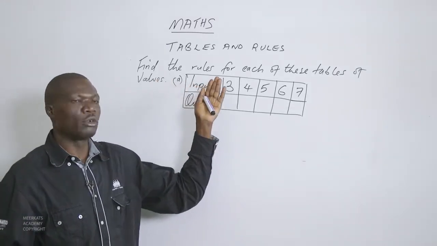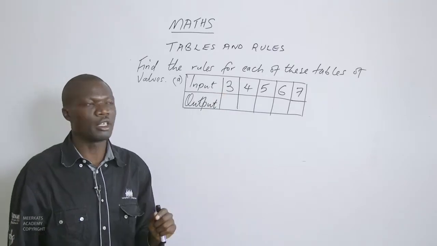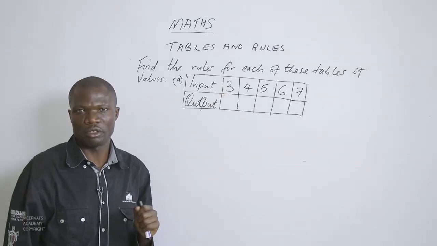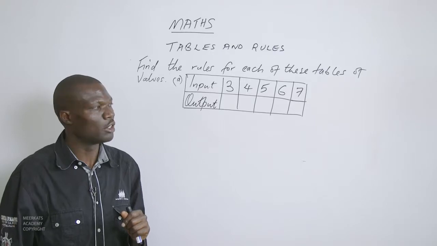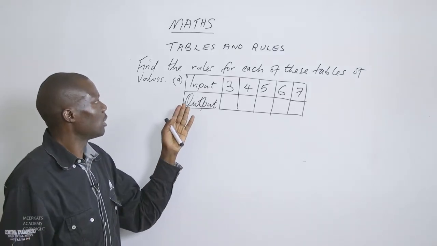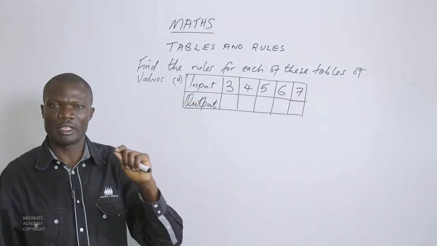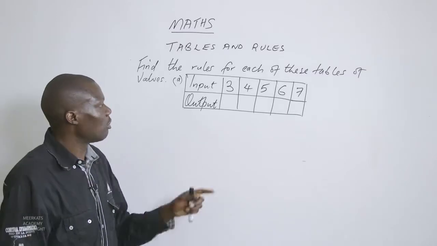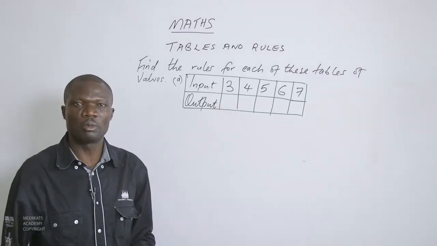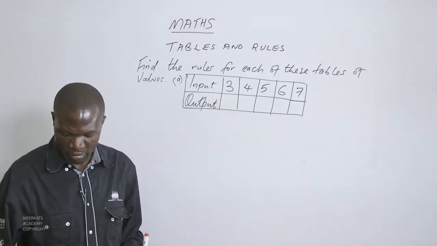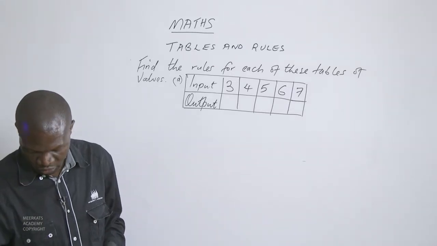Find the rules for each of these tables of values. The rule is not known, but the table has been drawn, which means the values for the output are clear.